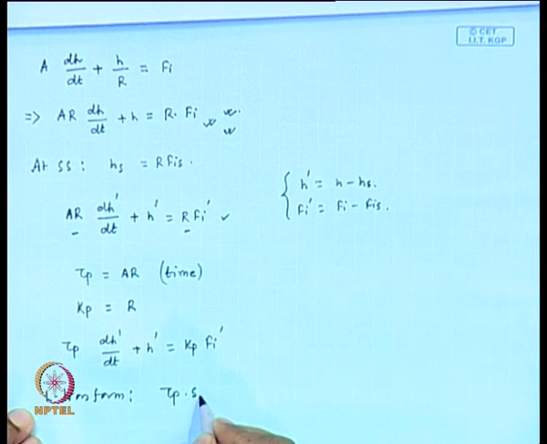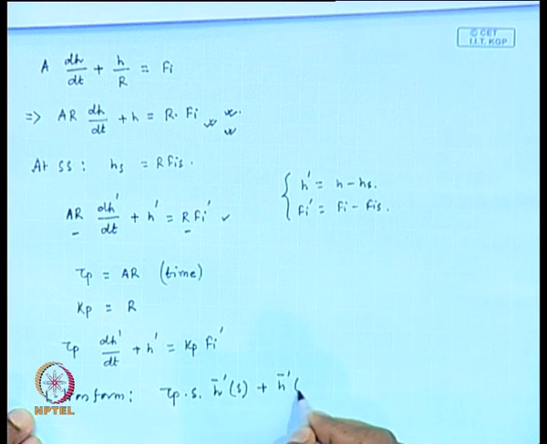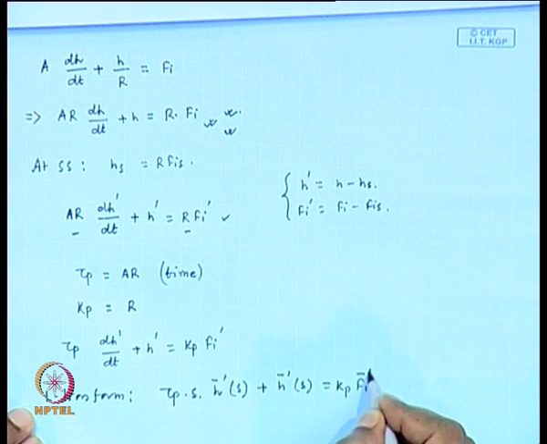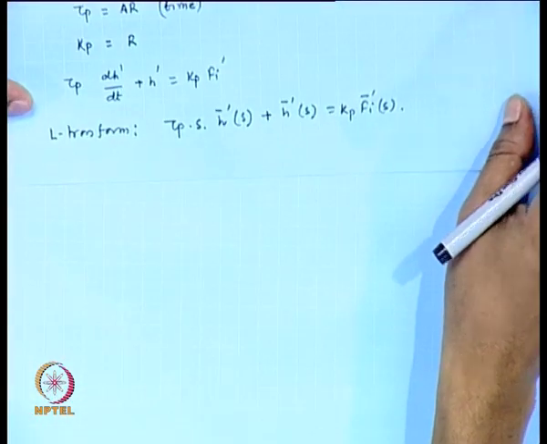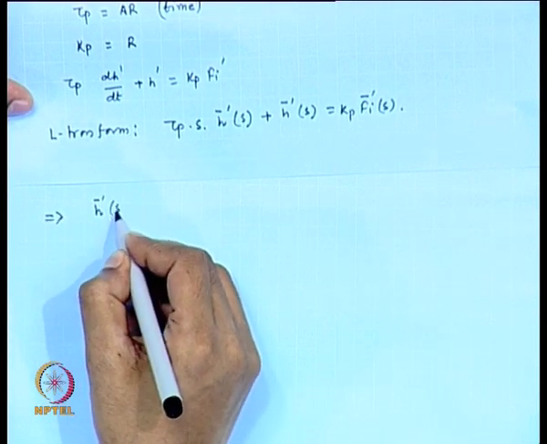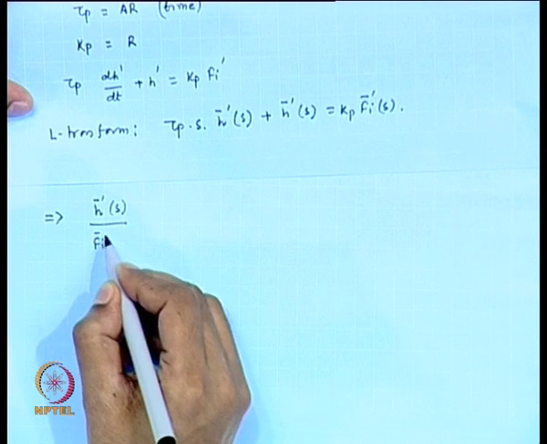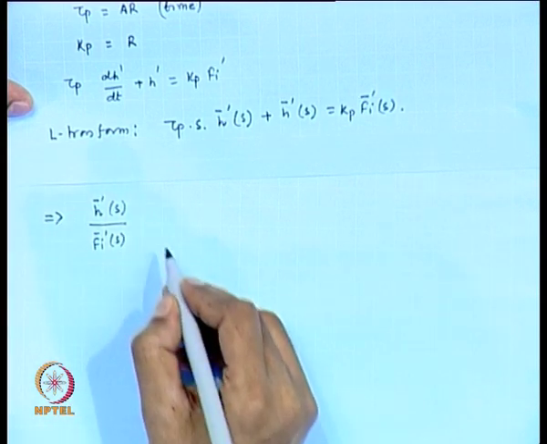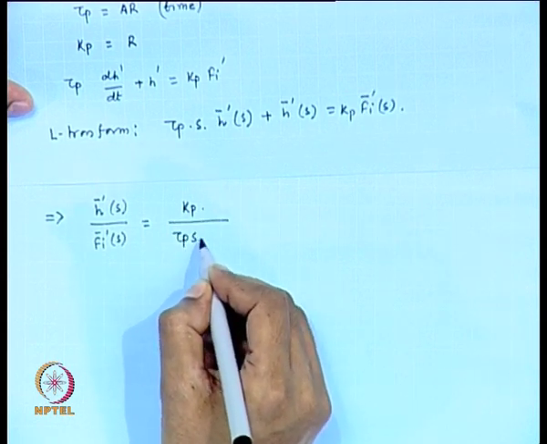Then we get tau p s h bar'(s) plus h bar'(s) equal to Kp Fi bar'(s). Now, if we rearrange, then finally we get h bar'(s) divided by Fi bar'(s) equal to Kp divided by tau p s plus 1.